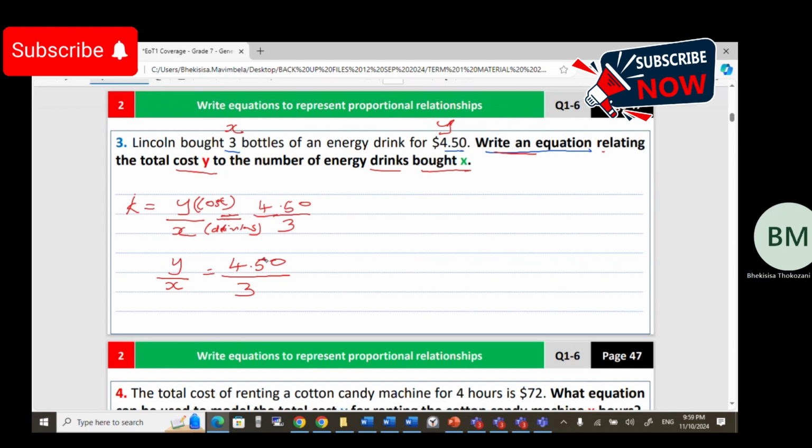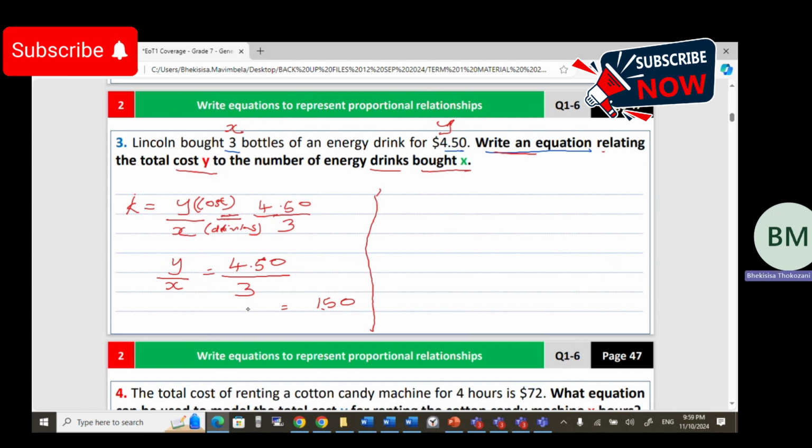So here we have 150. Okay. So yeah, 150. So you can see that the constant of proportionality is 150. Let me just show you something here.